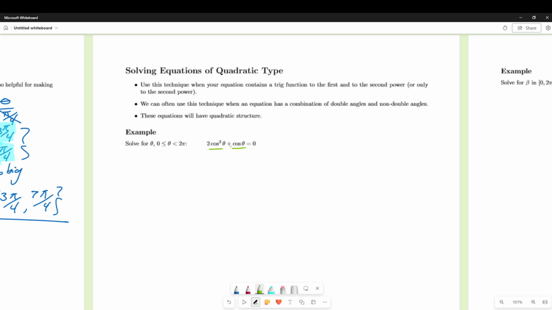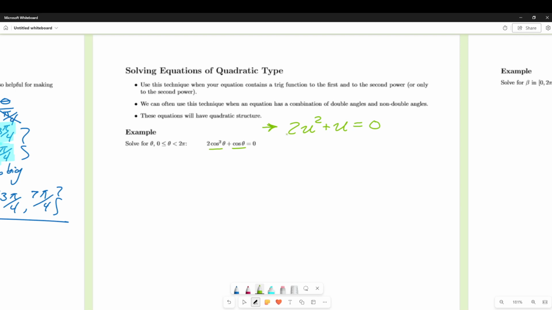So if, instead of looking at this as a trig function, we just looked at this as 2 times something squared plus that same something equals 0, if we look at the solving techniques we would use for something like that, we can apply those same techniques to the trig version.